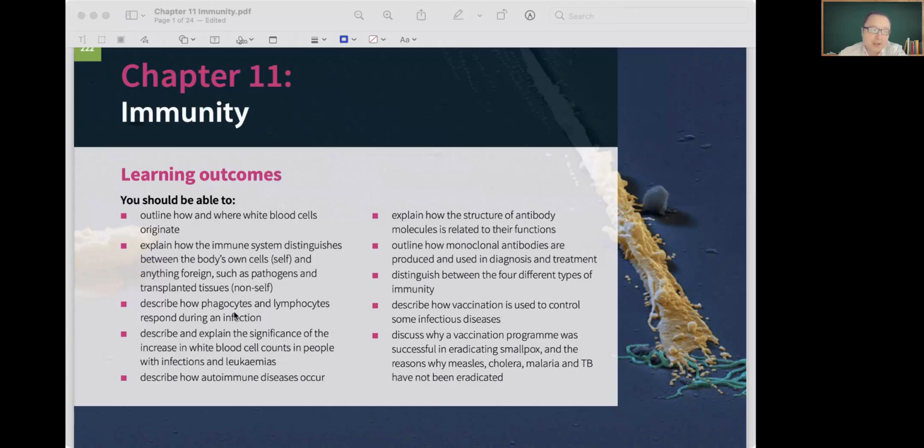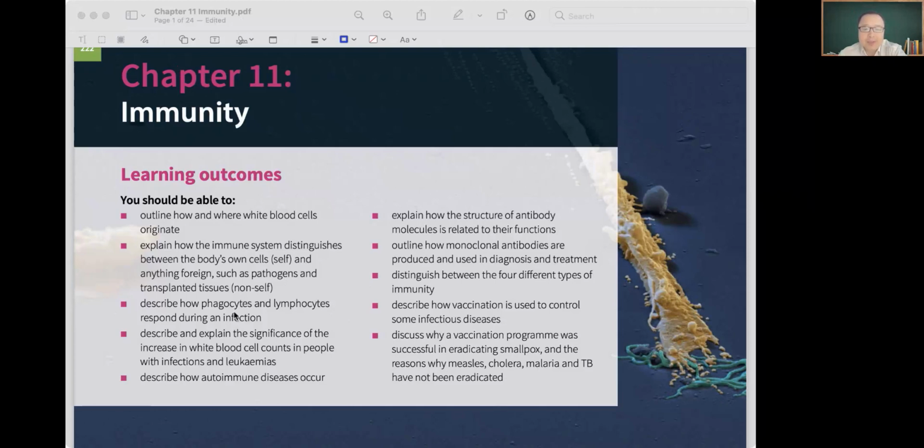Okay. So also we will talk about some diseases which have been eradicated, such as smallpox, measles, cholera, malaria, tuberculosis. We have learned in the previous chapter, chapter 10, inflammation disease.